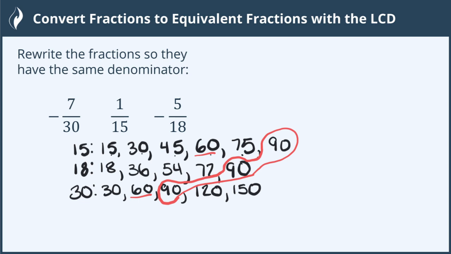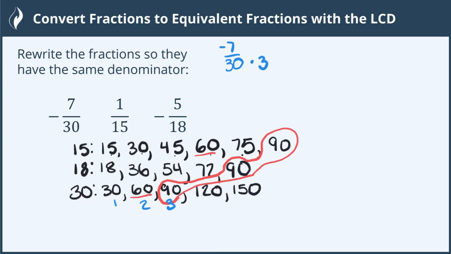Now I need to change each of those so that they have that common denominator. I'm going to go ahead and start with the negative 7/30 and change that to a denominator of 90. So I come to my list of the 30 and I see it was 1, 2, 3. 3 times 30 gave me 90.